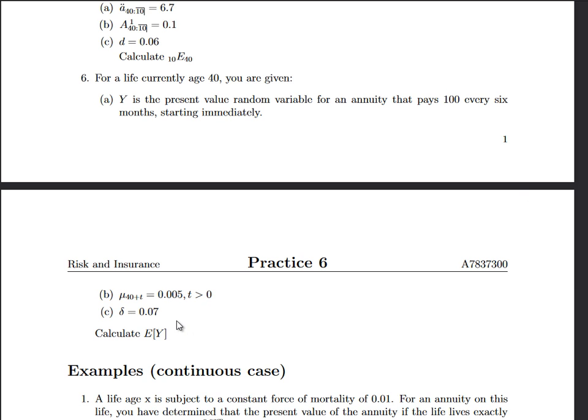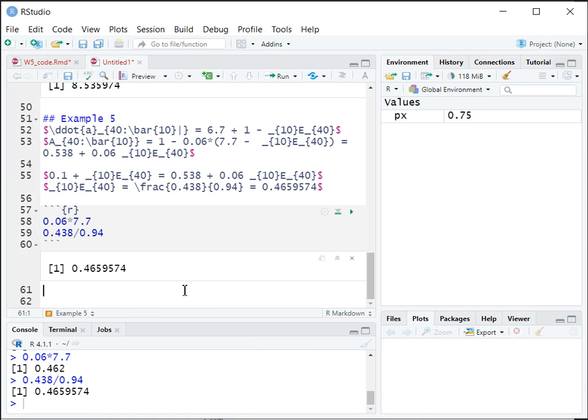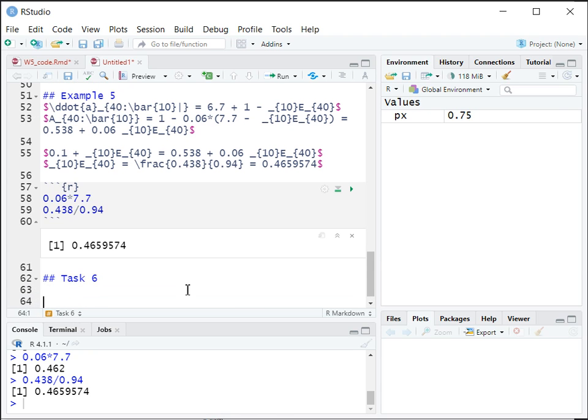So our answer is to just apply the formula, and let me input the formula. So for task 6, the formula will be double dot a_x to the power m.